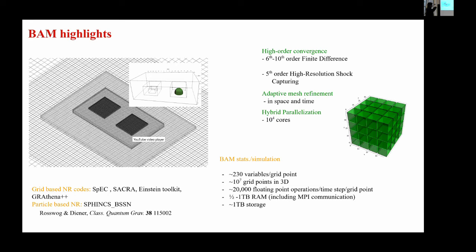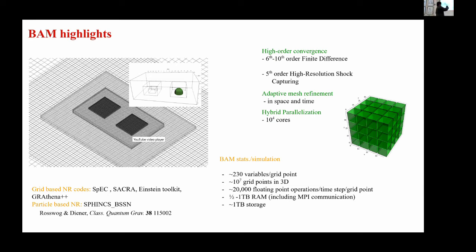A lot of these simulations require computational resources, a lot of computational resources. So basically, the whole computational grid is divided into chunks, and then an integer number of these chunks are given to MPI processes which handle them.